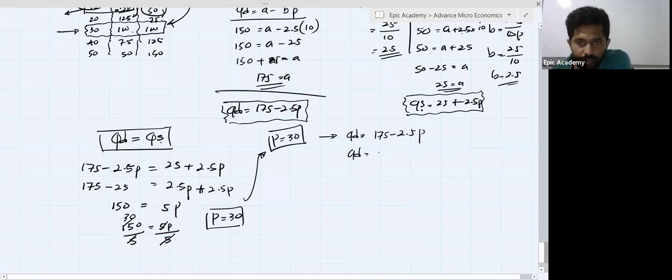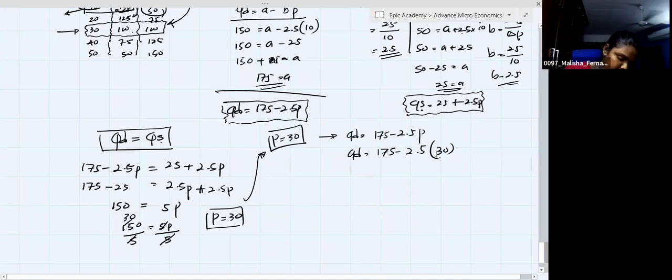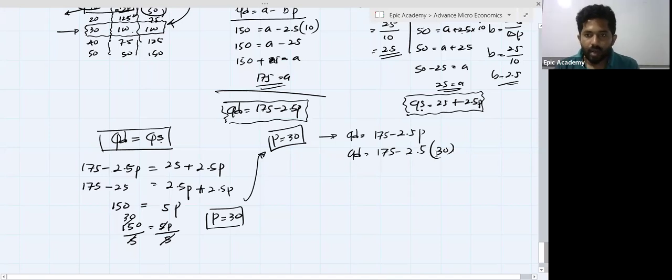Put the value for P, which is just 30. QD equals 175 minus 2.5 multiplied by 30. It is just 75. So what happened to the quantity demand? It becomes 100.